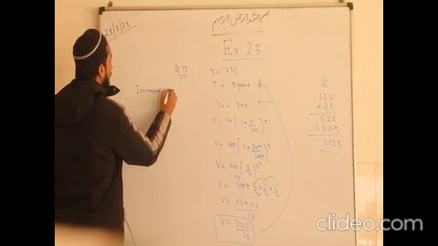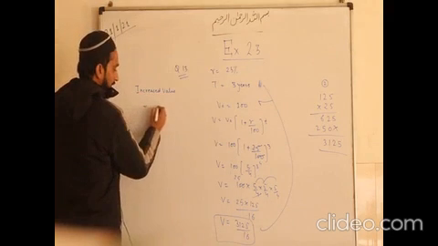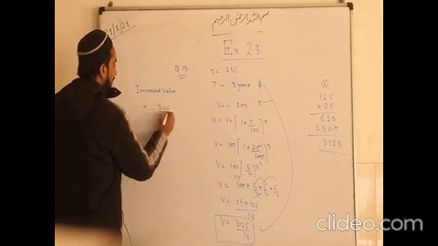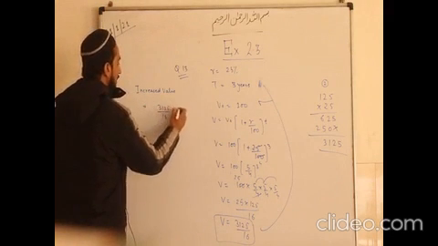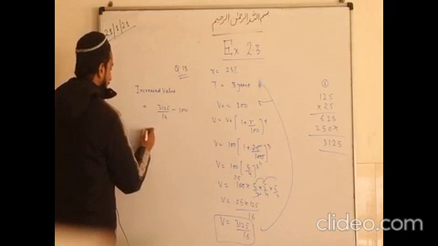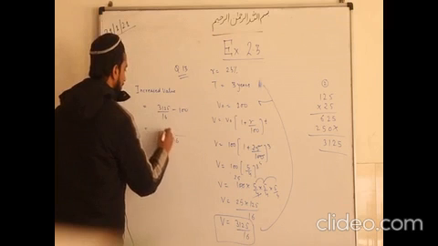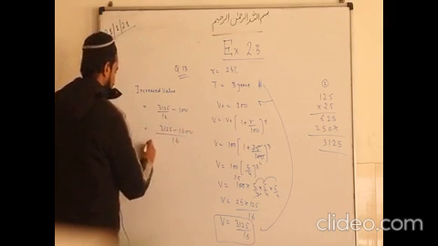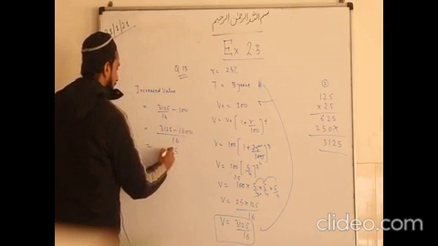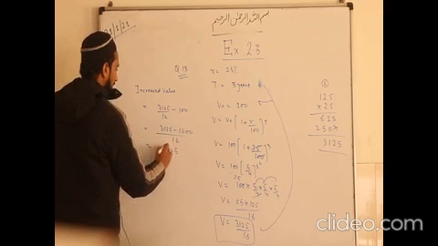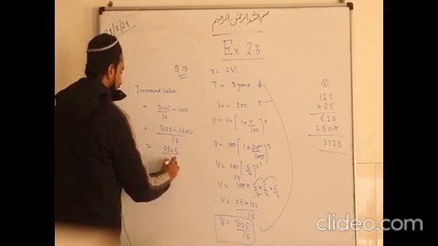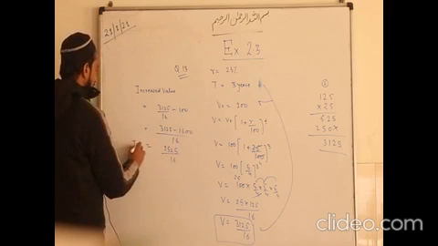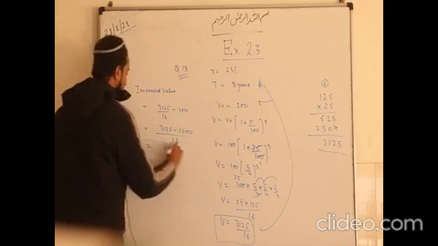The increased value will be 3125 by 16 minus the initial value 100, which is 1600 by 16. So 3125 minus 1600 is 1525 by 16. So this is the increased value.